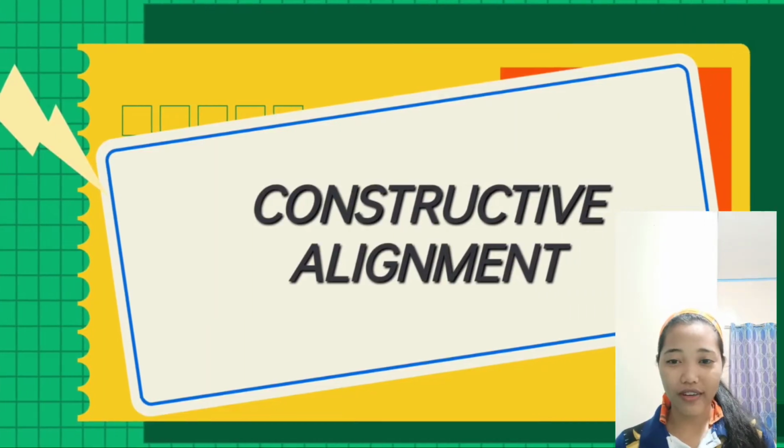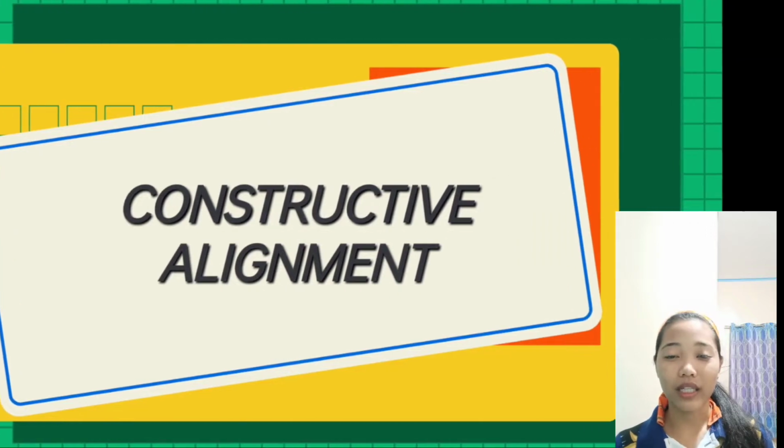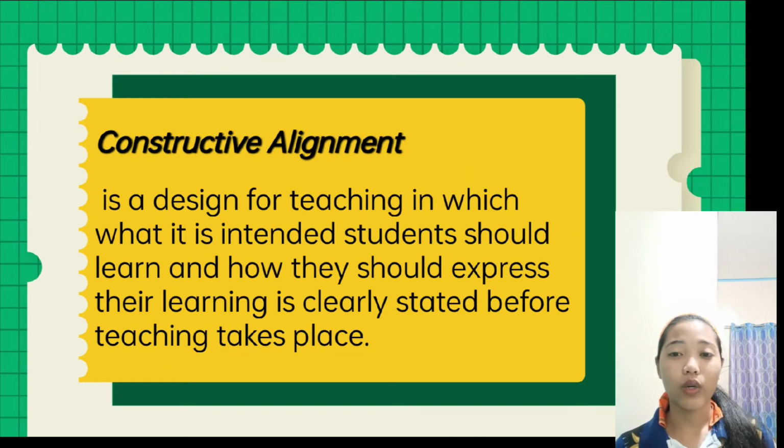What is constructive alignment? Constructive alignment is a design for teaching in which what it is intended student should learn and how they should express their learning is clearly stated before teaching takes place.